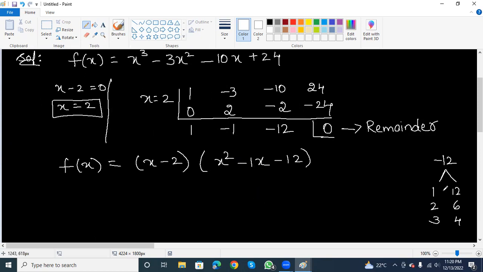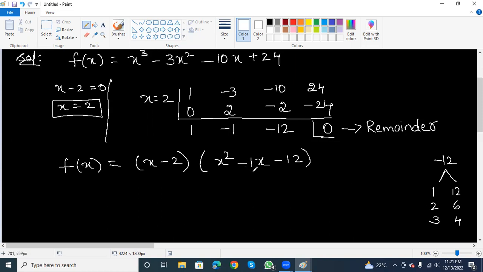So which two factors, if you add or subtract, give minus 1, we need to check. 1 and 12 will not give. 12 minus 1 is not a 1, or 12 plus 1 is not a 1. 2 plus 6 is 8, right? 6 minus 2 is a 4, it's not a 1. 3 plus 4 is a 7, but 4 minus 3 gives 1. So these are our required factors.